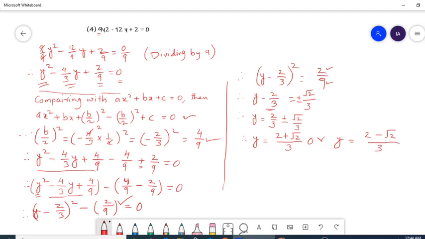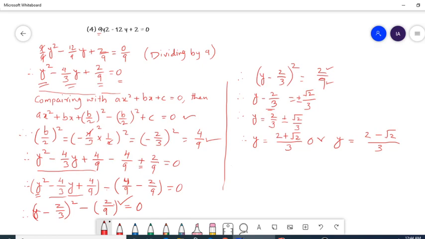Now as we know, this 2 has root 2, so I can take out root 2 as a common factor in order to simplify further, or you can leave your answer here only, where this is your final answer, that is 2 plus root 2 upon 3 and 2 minus root 2 upon 3. So these are the two roots of the equation.